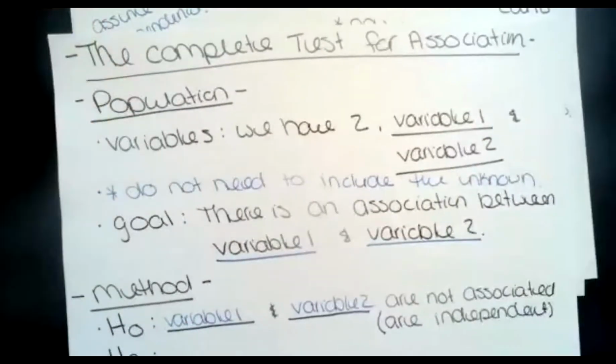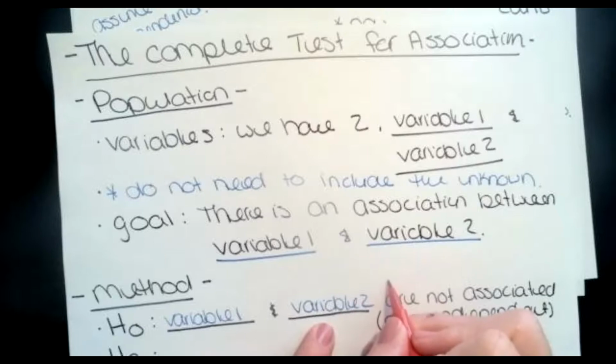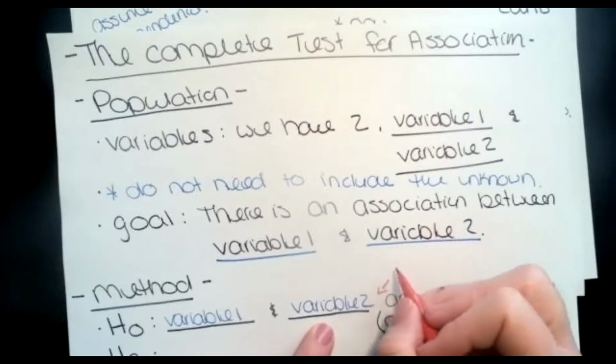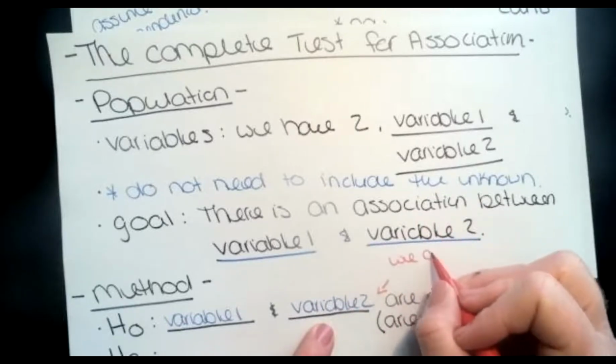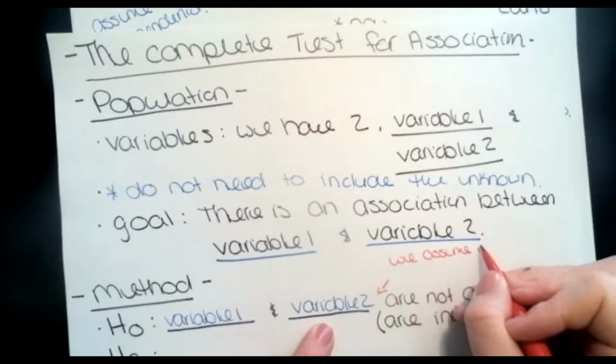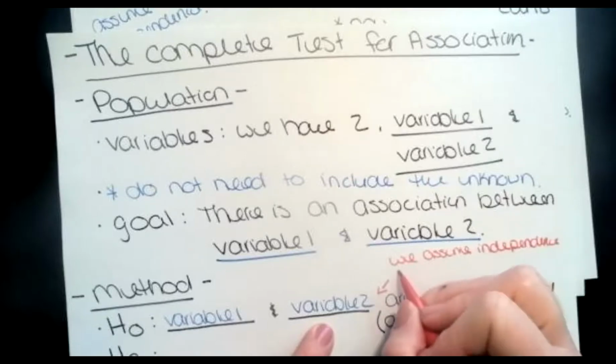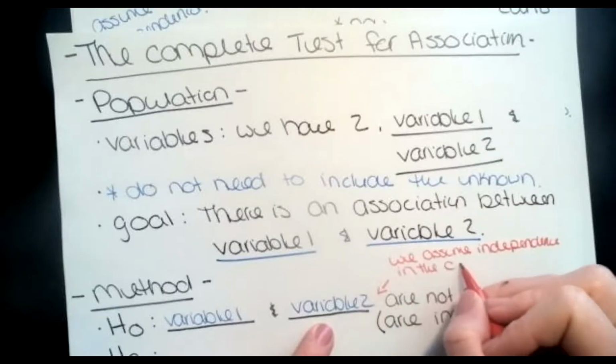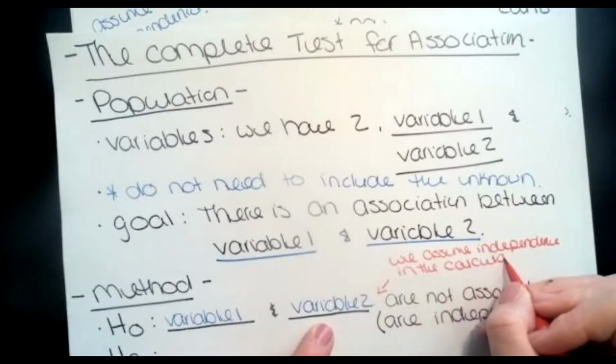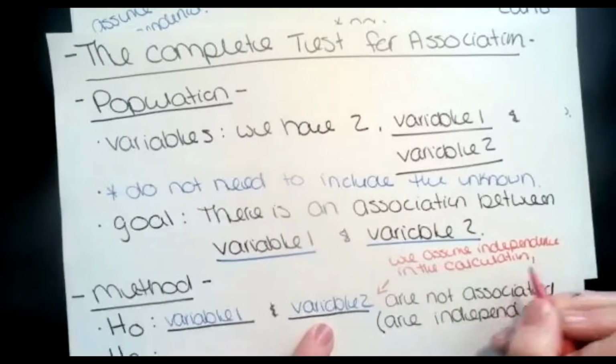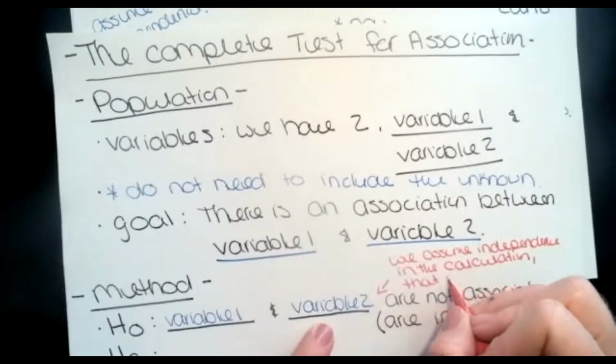Our null is that we're assuming independence. I'm just going to write that here. We assume independence in the calculation. That is the null.